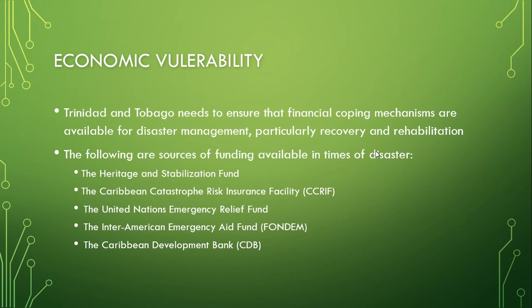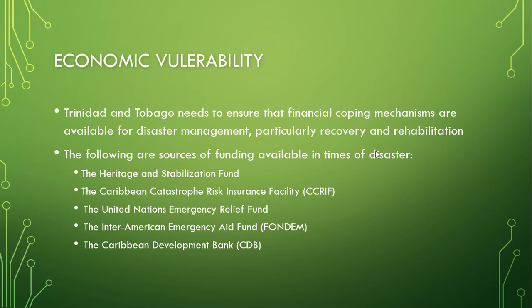So Trinidad and Tobago needs to ensure that our ability to cope financially, that there are mechanisms in place and available for disaster management, particularly in times where recovery and rehabilitation is needed after some kind of event has occurred.